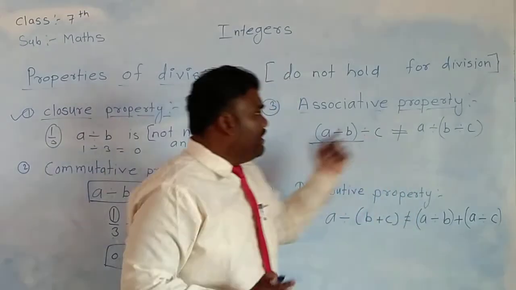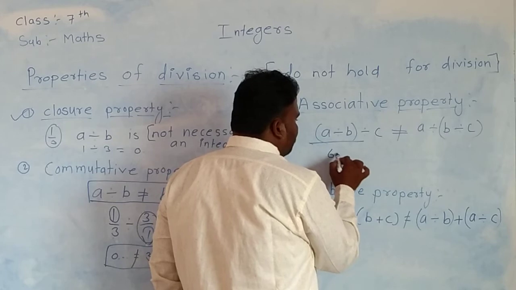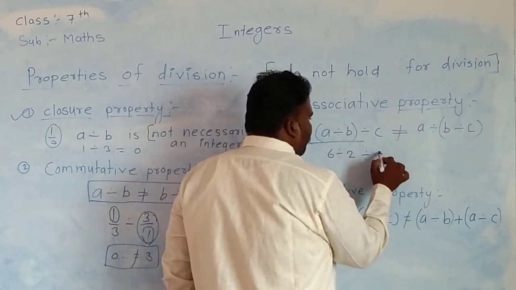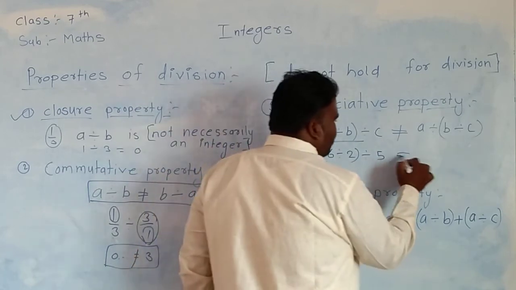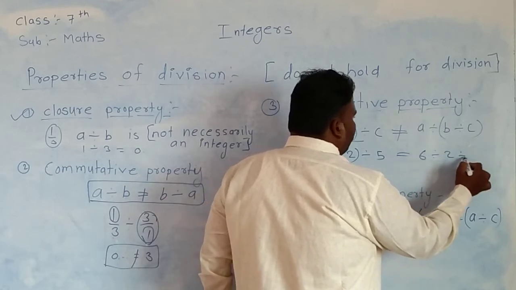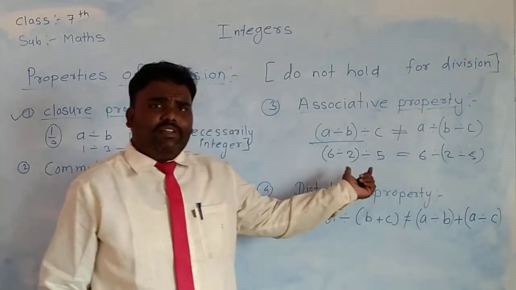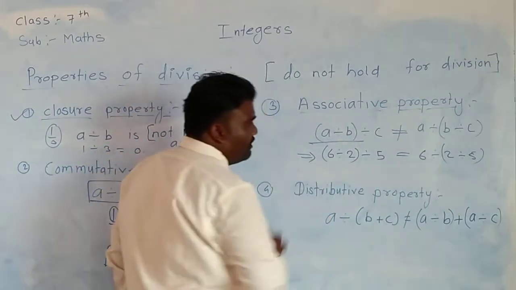This doesn't happen here. Why? Let's take an example. If I have 6 divided by 2 divided by 5, first I divide this, and then the same numbers grouped the other way. The answers will be different.